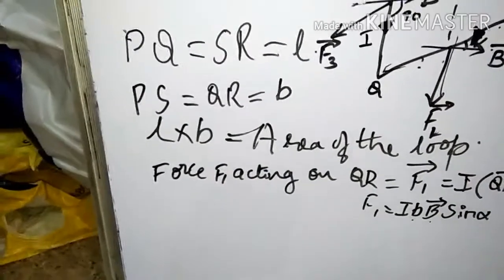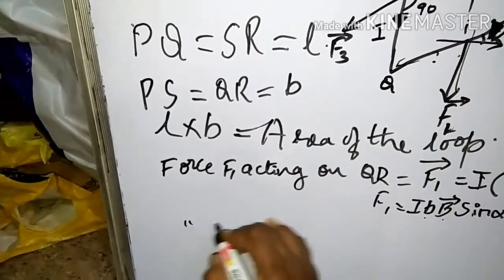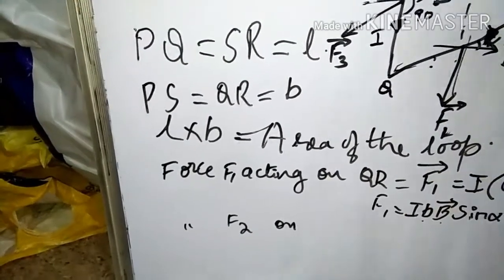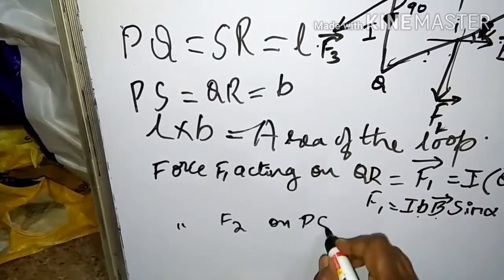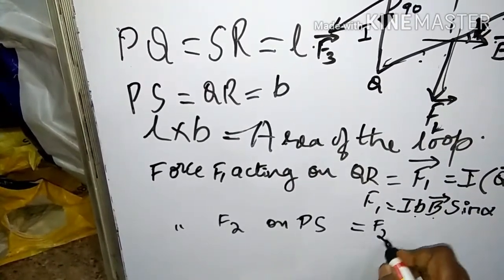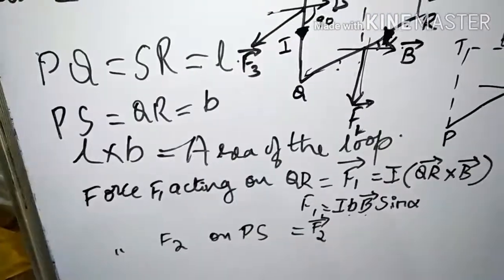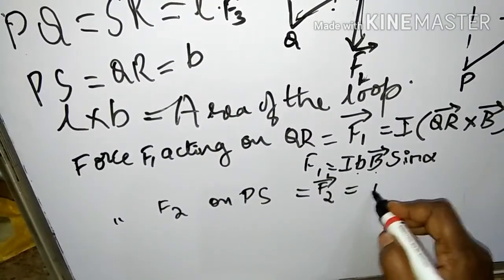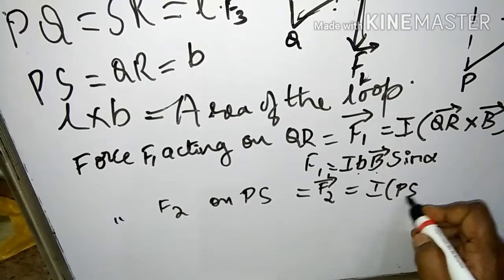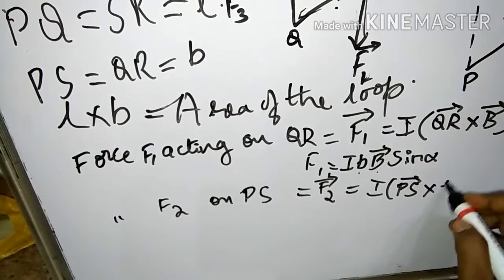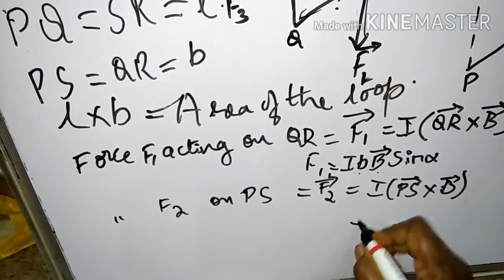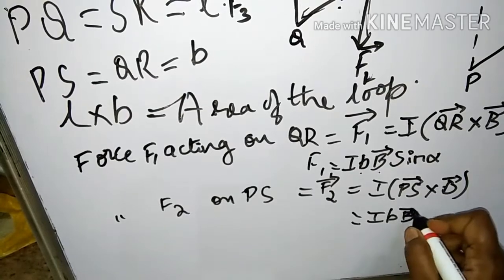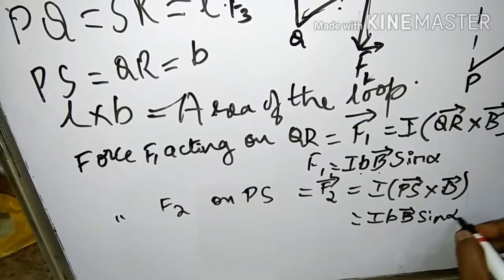Now the force F2 acts on PS, so F2 vector equals I into PS vector cross B vector. Again this will be I b B sine alpha.